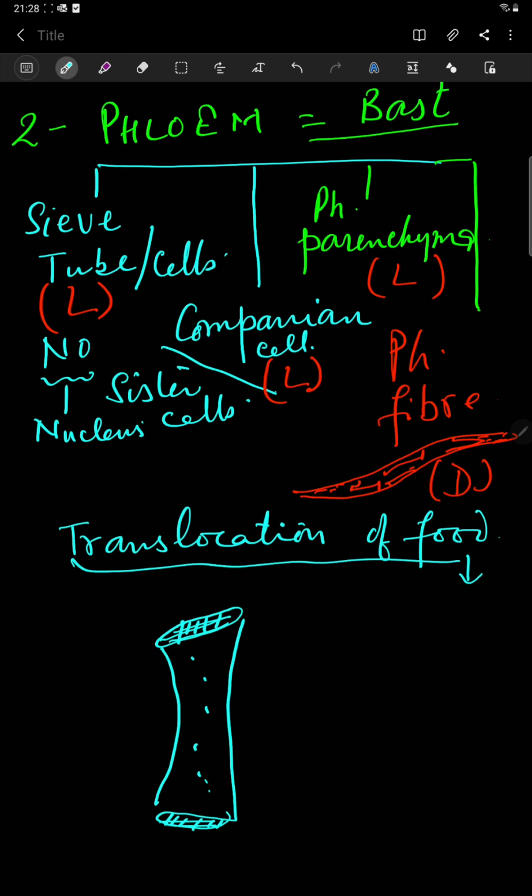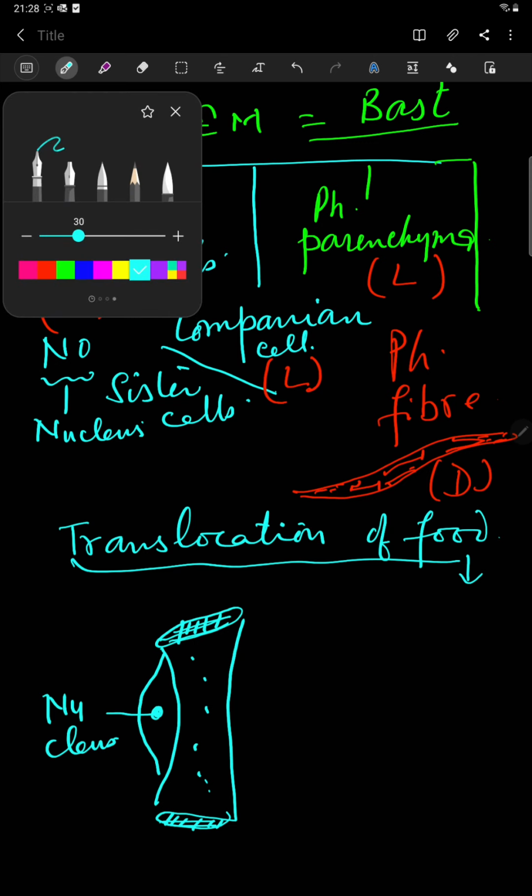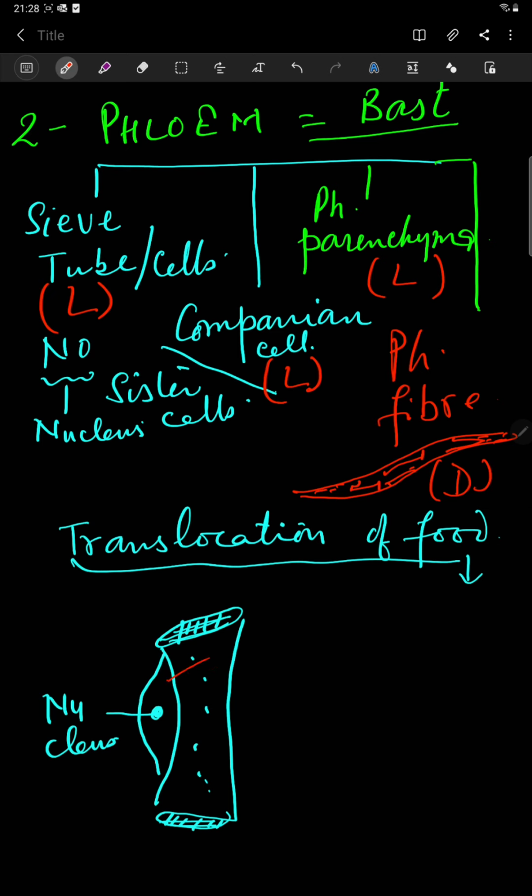Just beside the sieve tube there is the companion cell, always and always. It is a very good friend of the sieve tube. Nucleus is there. This cell is termed as companion cell.